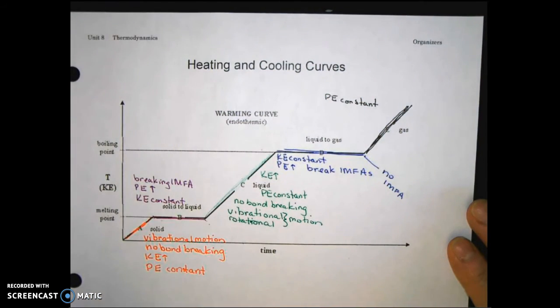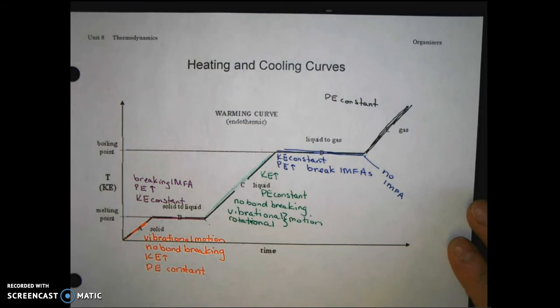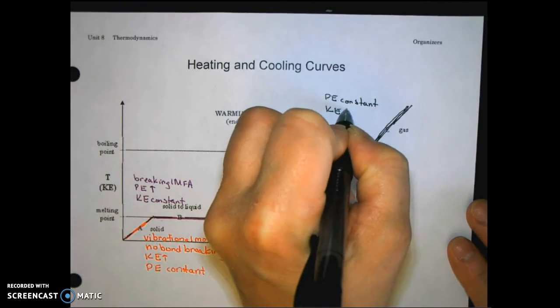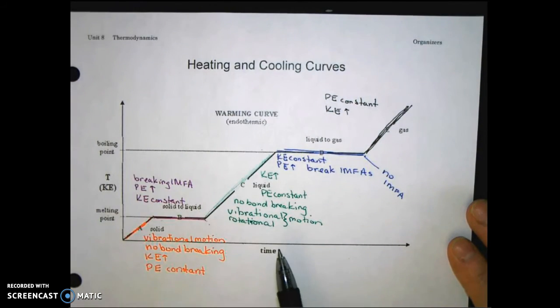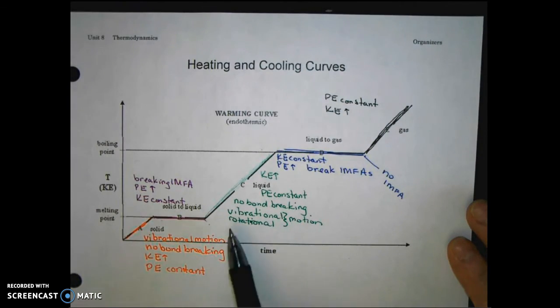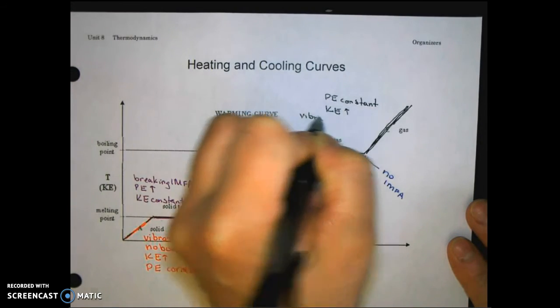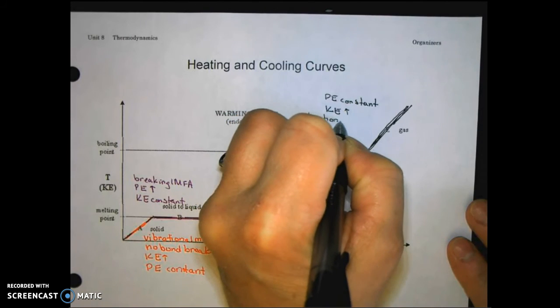And again, on a heating curve, you never break covalent bonds. But what is changing? The kinetic energy is going up. And so now we've got a third type of motion. Not only do we have vibrational and rotational, but you have the motion of position, which is called translational motion. Because the gas molecules are independent and can move all over the place, you wind up with vibrational, rotational, and translational motion.